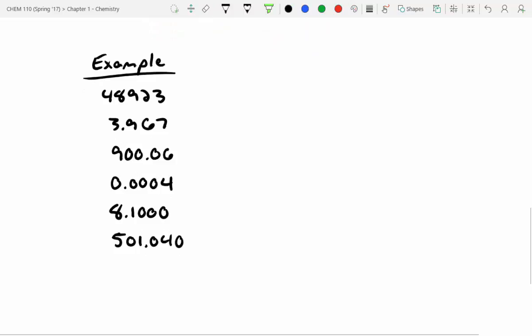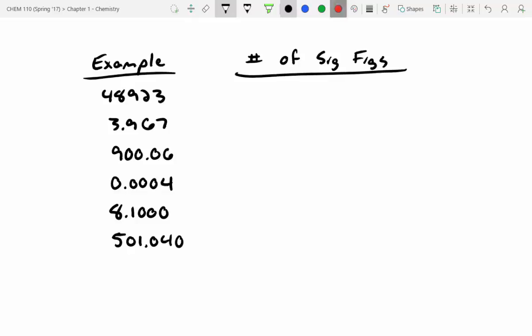So I want you guys to tell me the number of sig figs here. And I'll give you guys a minute to work on it, and then check with your neighbor too and see if you agree.